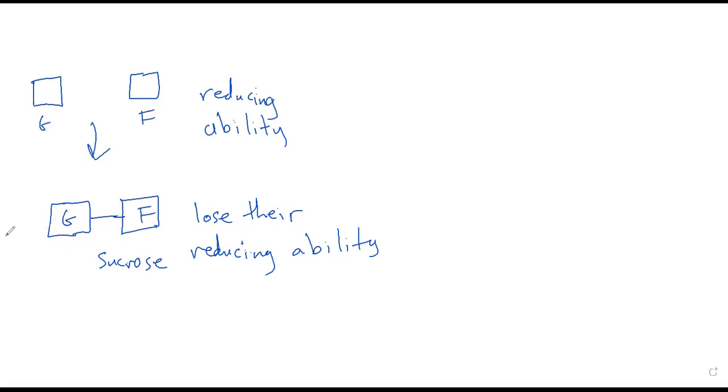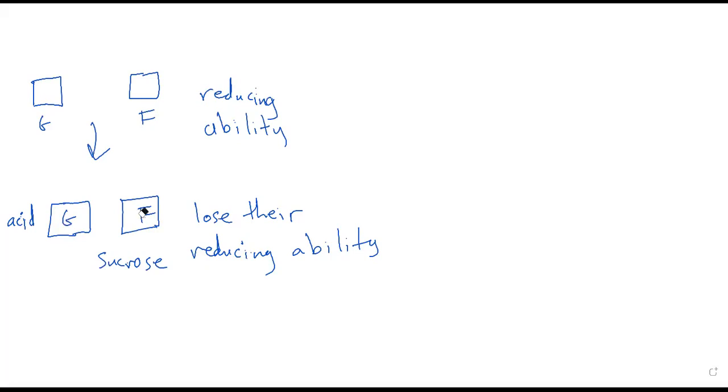However, if I add acid to sucrose, what is going to happen? It breaks the glycosidic bond. So if the glycosidic bond is broken, do we still have sucrose or do we have glucose and fructose?